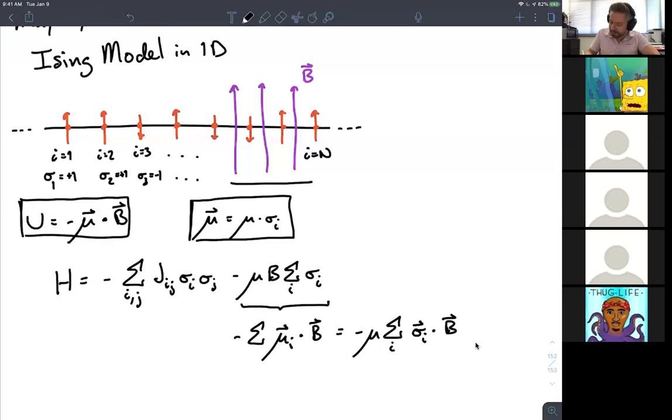In other words, that is why when you do this dot product, you can just pull the magnitude of B out, and then all you're left with is just summing over whether or not sigma_i is plus or minus. So I think that hopefully explains things there in sufficient detail that you can see how we went from this to this.